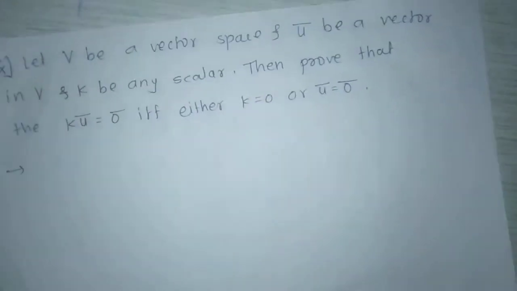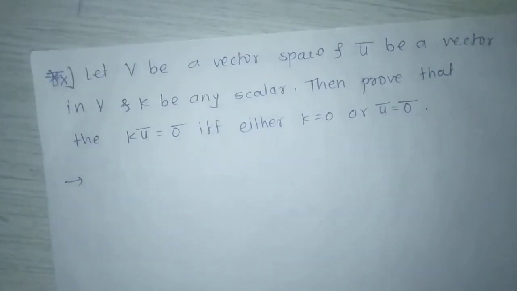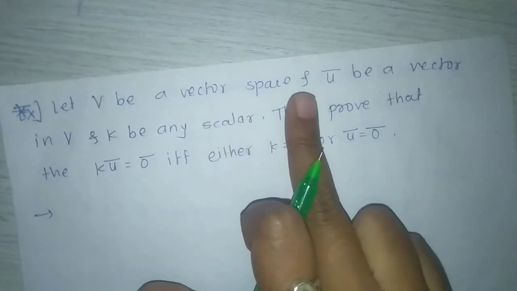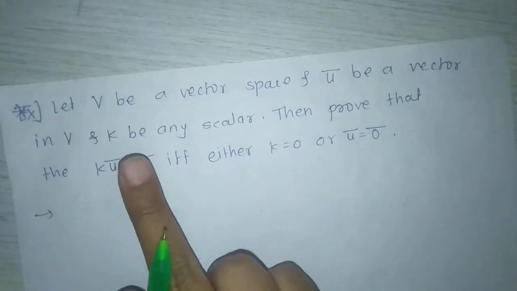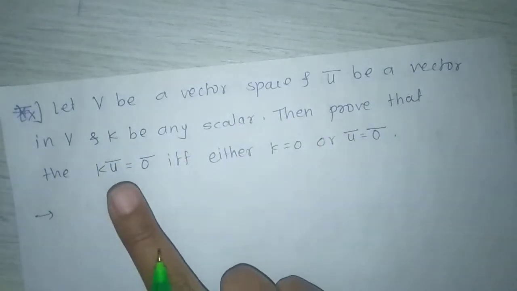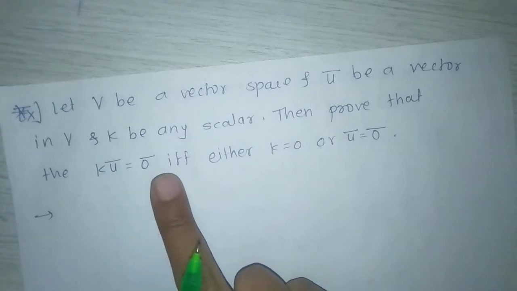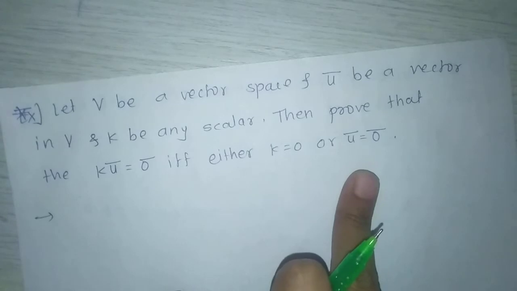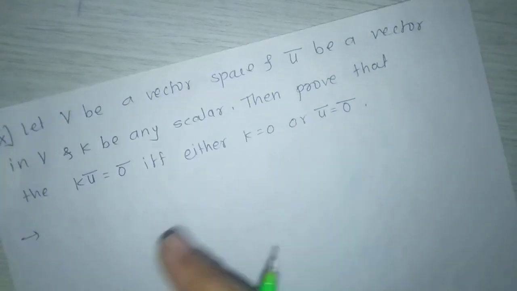Next example. Let V be a vector space and U bar be a vector in V and K be any scalar. Then prove that K into U bar equal to 0 bar if and only if either K equal to 0 or U bar equal to 0 bar.